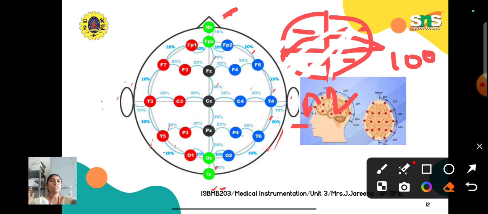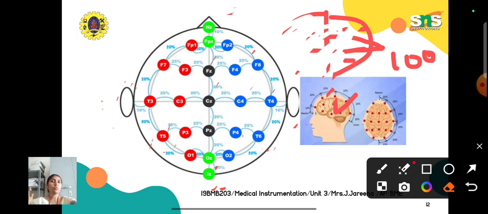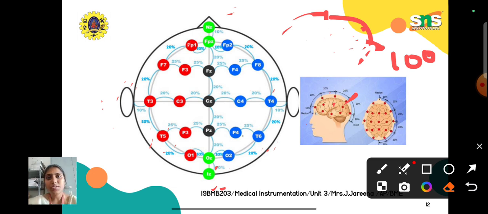Since all the landmarks and electrode locations are based on 10 to 20 percent of distance, if you measure the distance between electrodes, it will be either 10 or 20. That is why this is called the 10-20 standard electrode configuration for EEG recording.